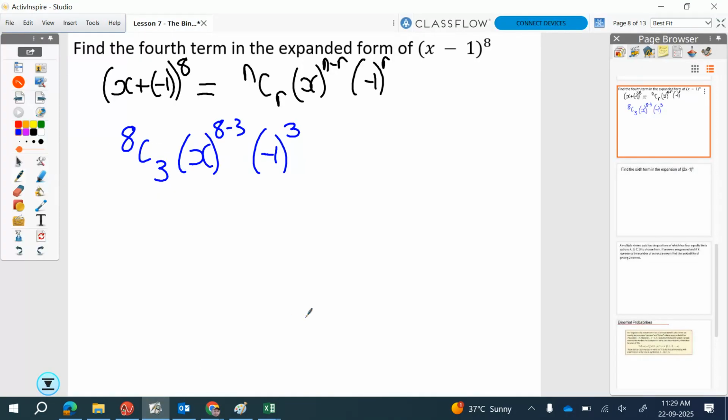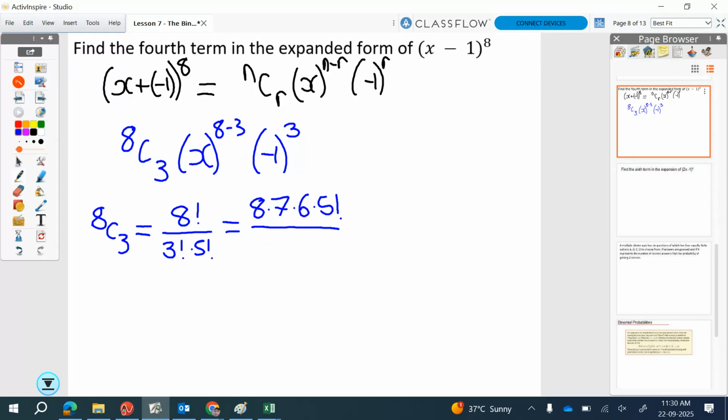Okay, so first up we need to find our 8C3. So we need 8 factorial over 3 factorial times 5 factorial. Expanding the top, we take out 8, 7, 6, and then we stop at 5 factorial. Here we need 3 times 2, and then 5 factorial.